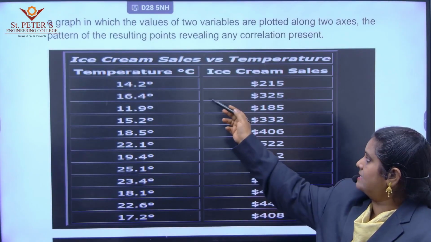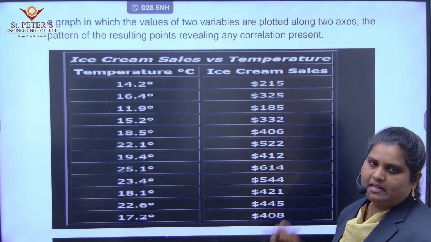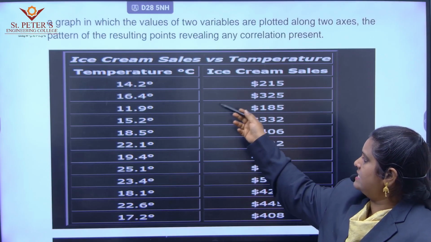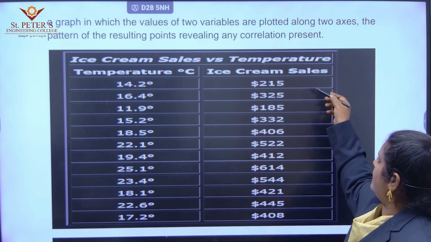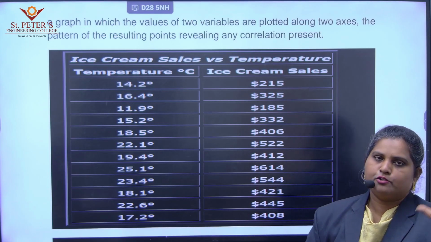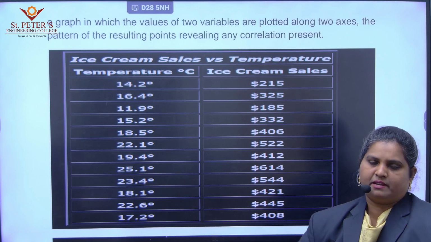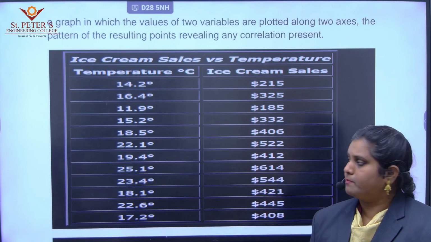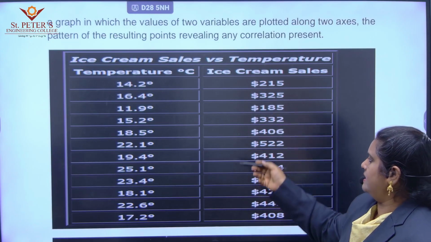So this is another example: ice cream sales versus temperature. Here is the temperature information and how much ice cream has been sold. If it is a cool climate, people don't prefer ice cream as much. In summer time, people prefer ice cream more. That is the reason it is mentioned here.